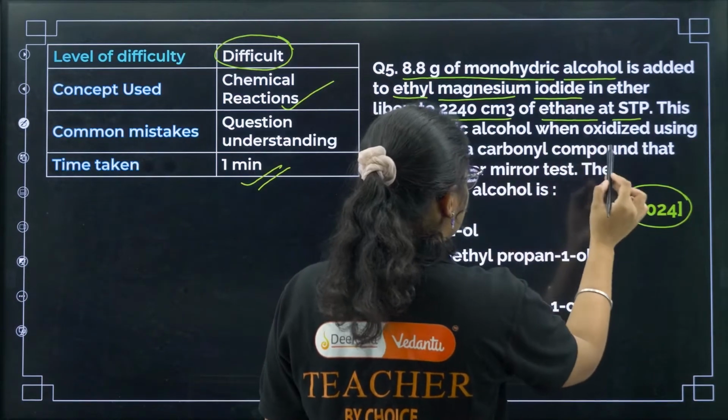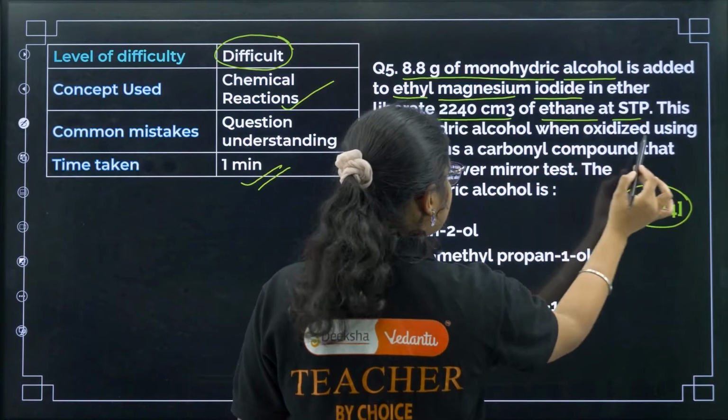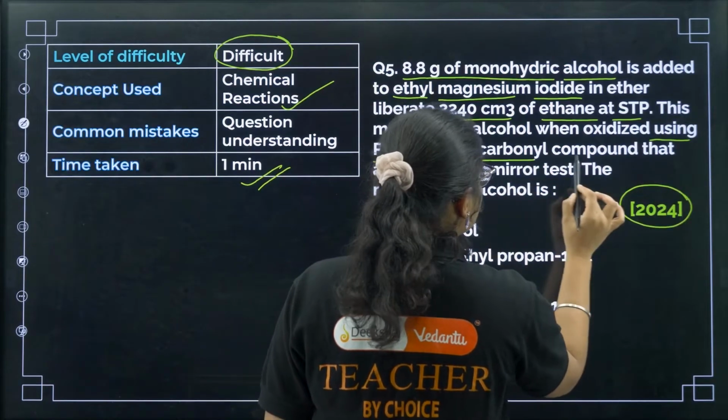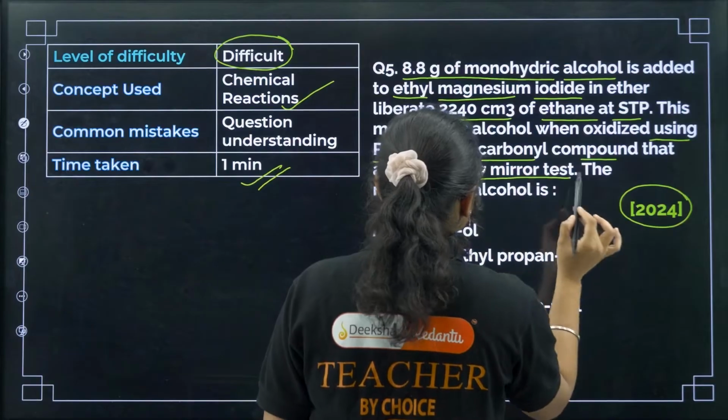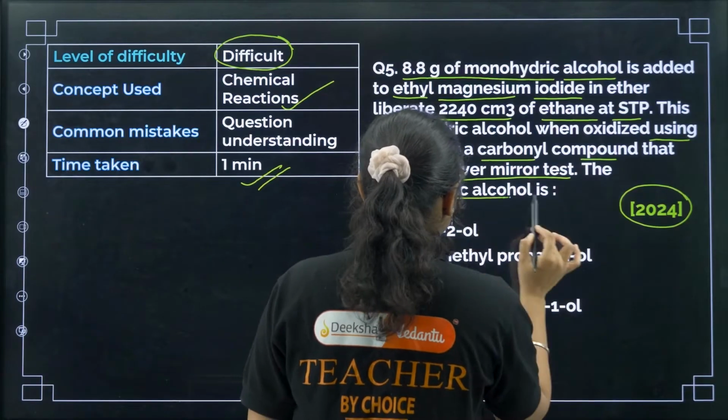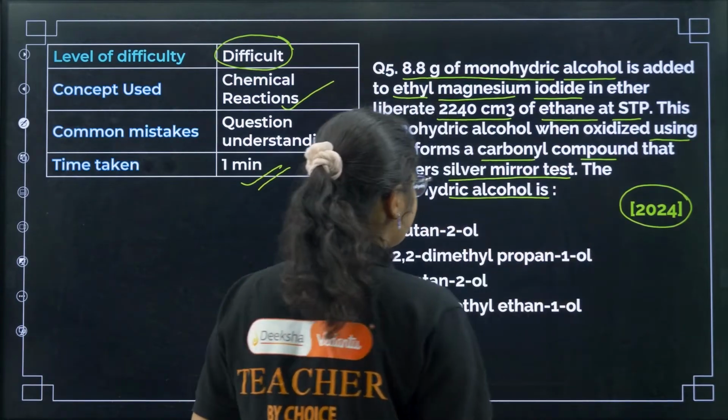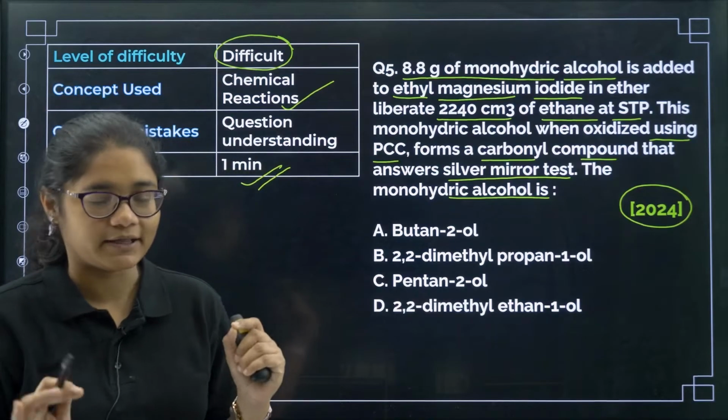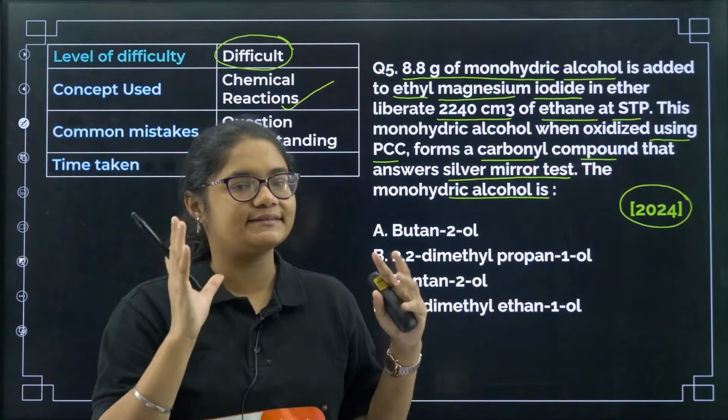This monohydric alcohol, when oxidized using PCC, forms a carbonyl compound that answers silver mirror test. The monohydric alcohol is. Okay, very important question here, and clues are hidden inside the question.